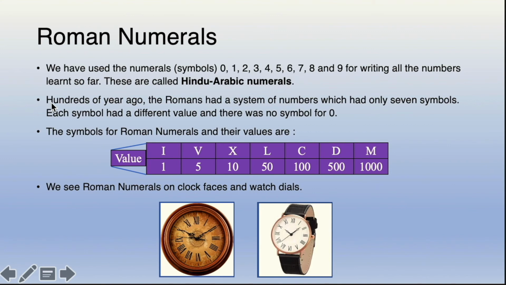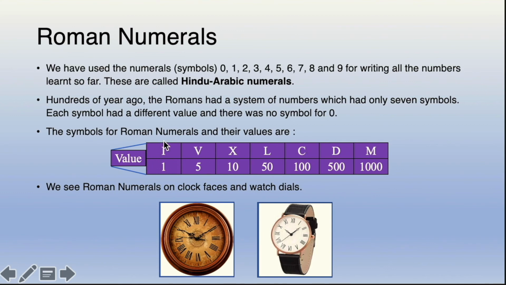Now hundreds of years ago the Roman people had a system of numbers which had only 7 symbols. Each symbol had a different value and there was no symbol for 0. So the symbols for Roman numerals are the letter symbols I, V, X and so on.